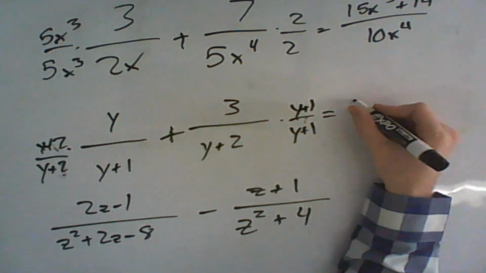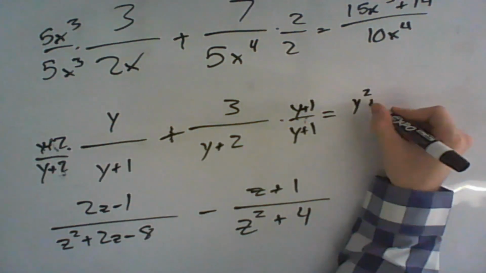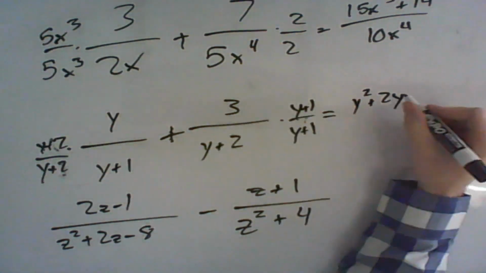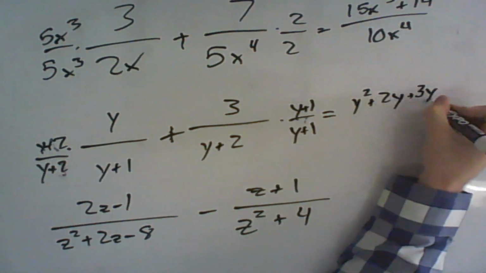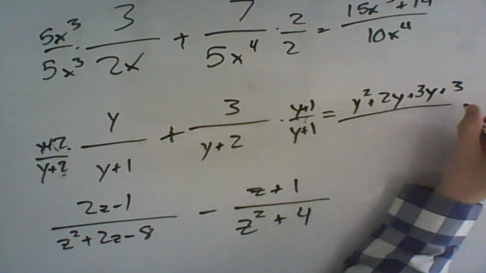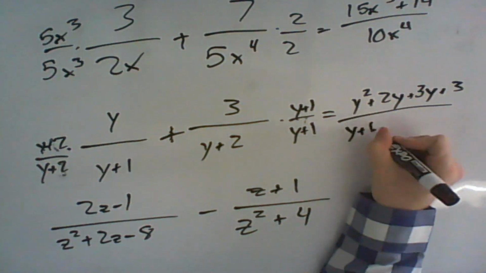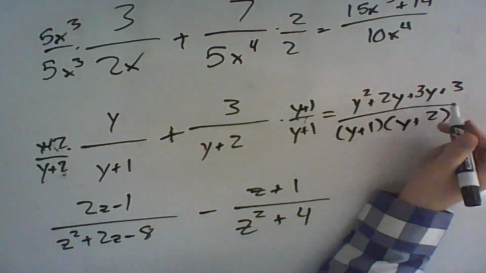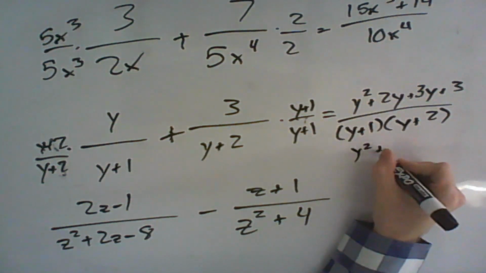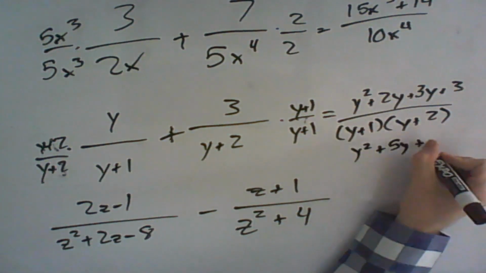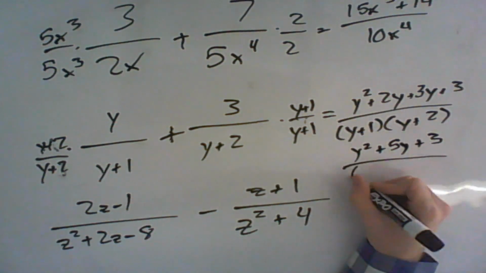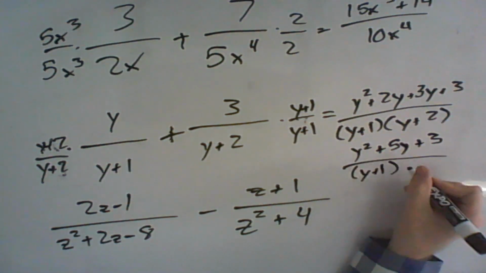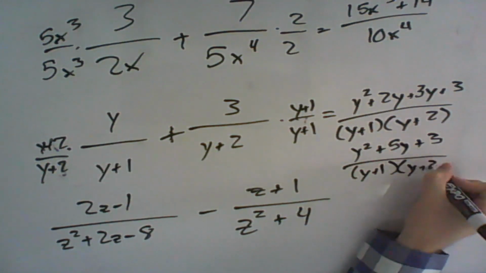So this becomes y squared plus 2y, and then plus 3y plus 3 over y plus 1 times y plus 2. The top becomes y squared plus 5y plus 3 over y plus 1, y plus 2.